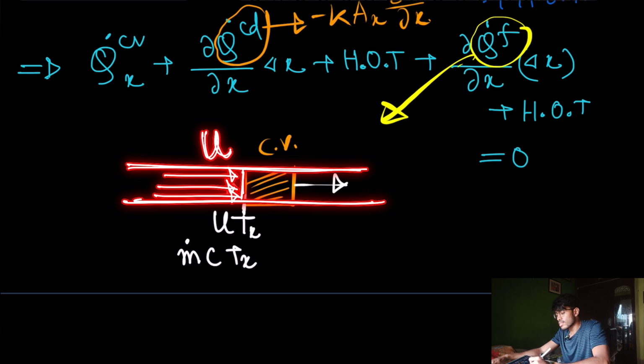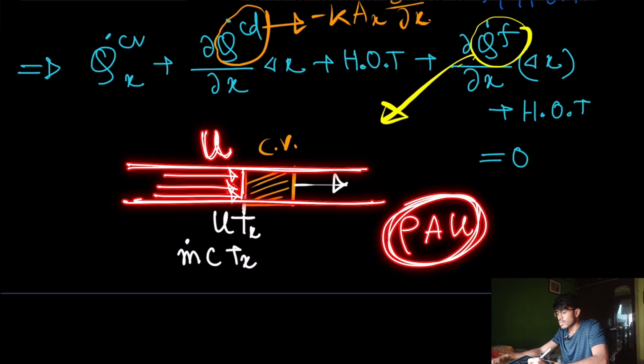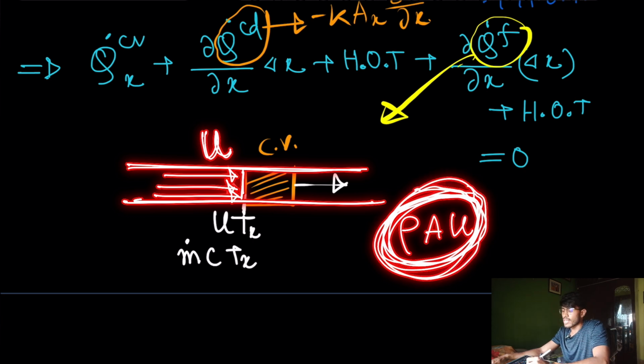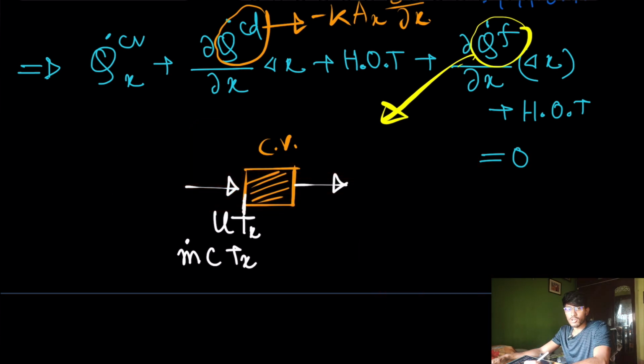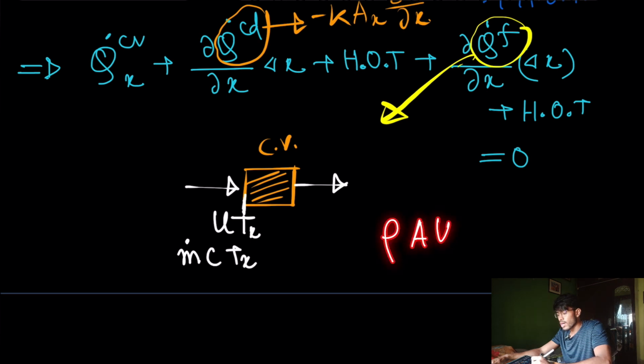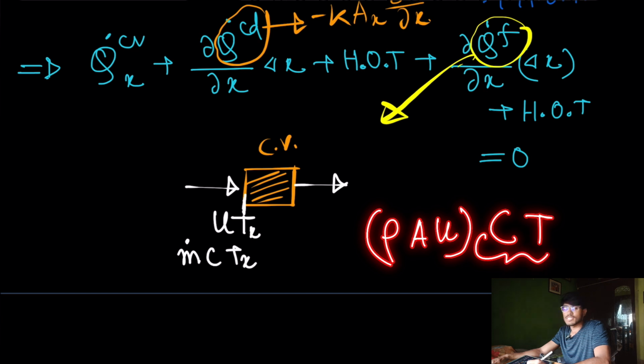So what is the mass flow rate? Rho A into u, this is the mass flow rate. And what is the energy per unit mass? That is Cp into T, or C into T I should say for a liquid or a solid. So rho A u is my mass flow rate into C into T. So C into T is what? Energy per unit mass, right?